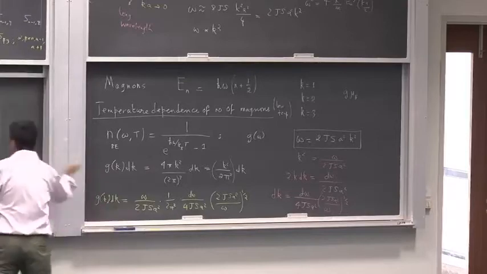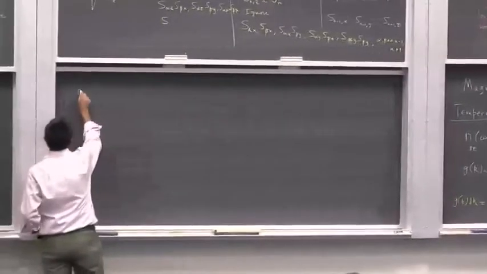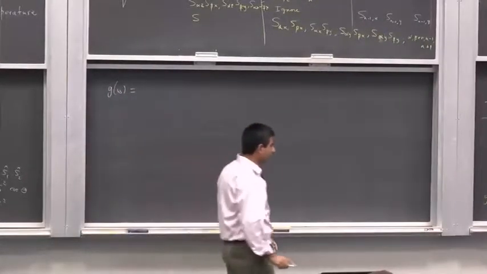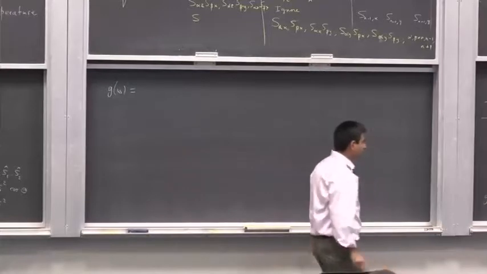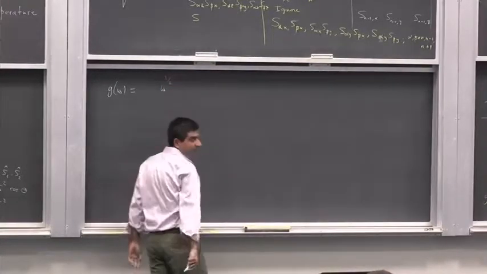So let me work in this reverse order now. G omega is therefore given by, okay, now how do I solve this? The important point is that this is omega raised to power 1/2.